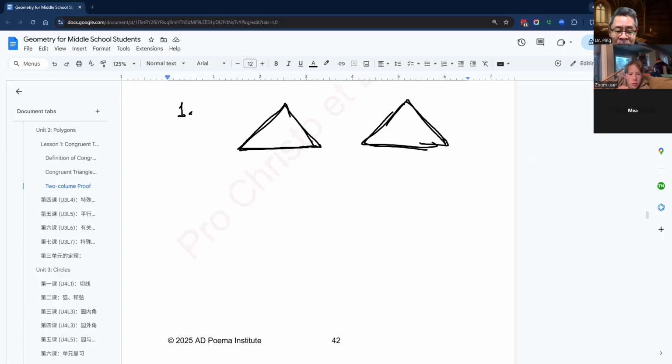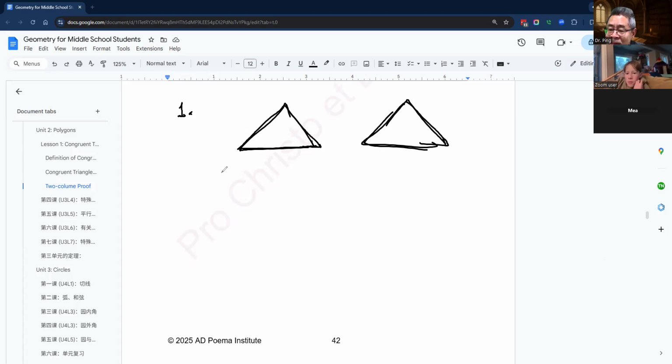Okay, well, what is our first one? First theorem to prove 2 triangles are congruent? Yeah, so when we're dealing with triangles, or any polygon, just side and angles.